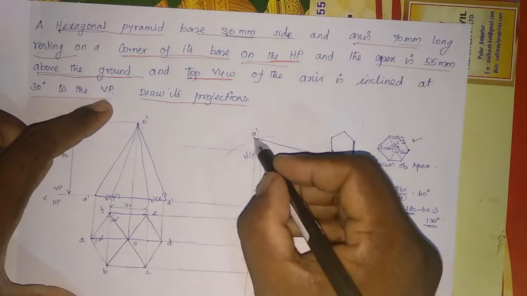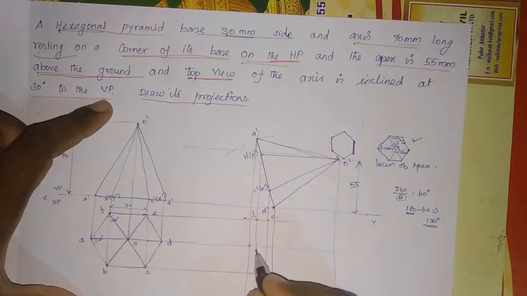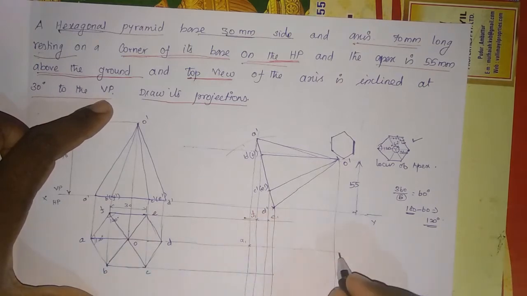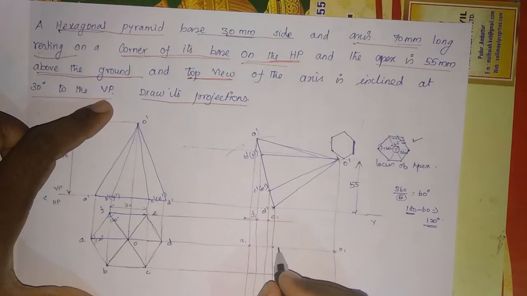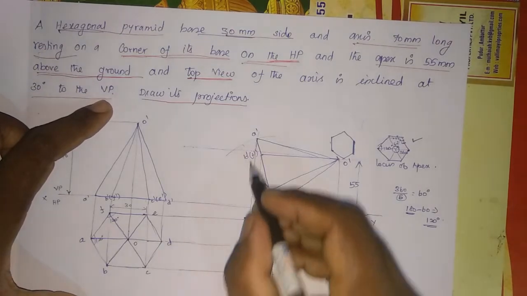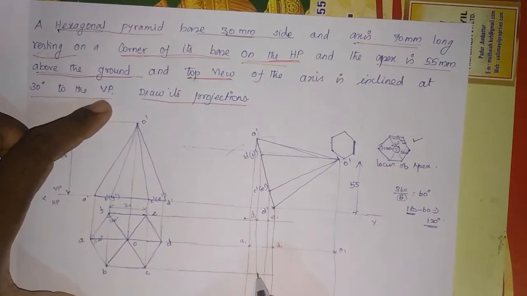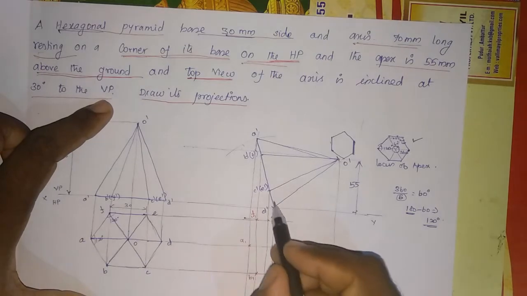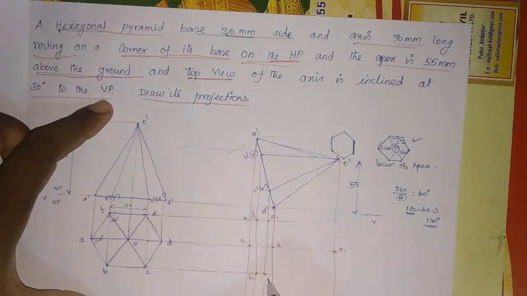So this is the line, and this is point A1, and O, the same point O1, and D, point D1, and B on this line. The second line is B1, and C is C1.